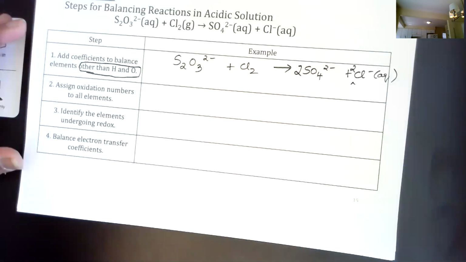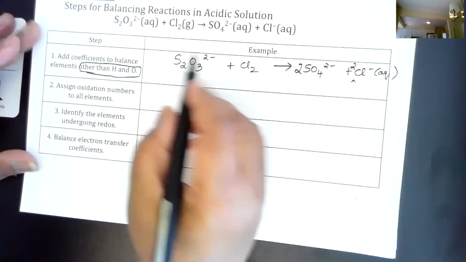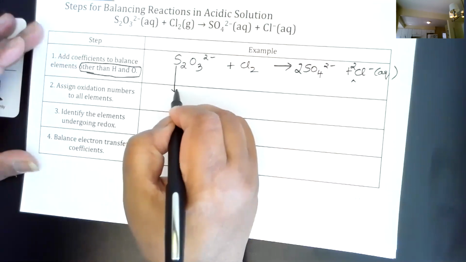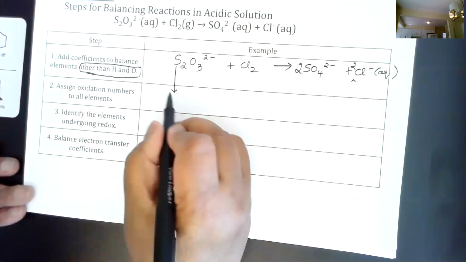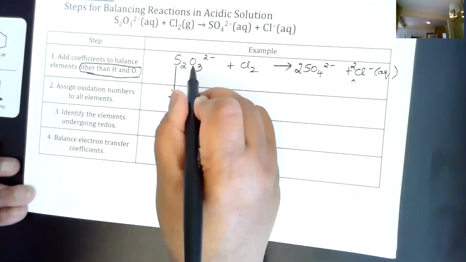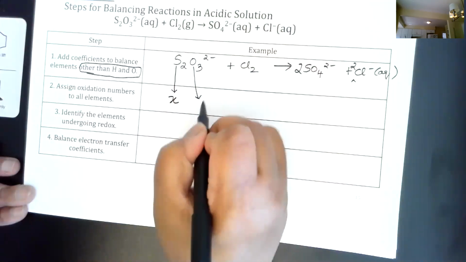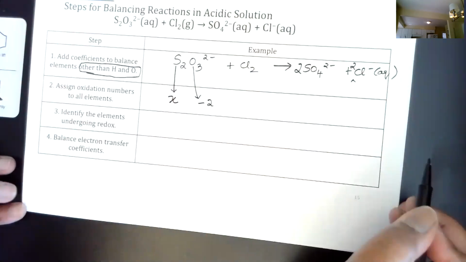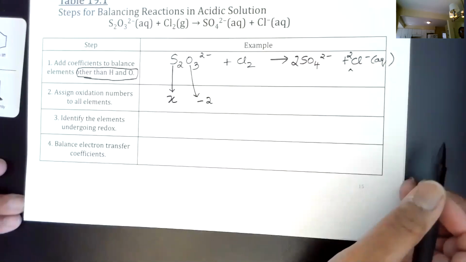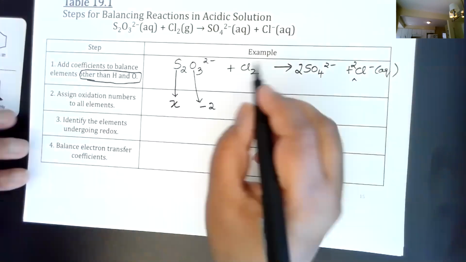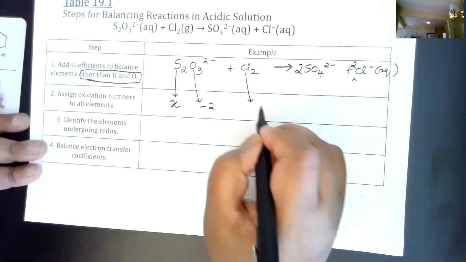Now assign oxidation numbers to all the elements. Sulfur, we have to find out what that is. Oxygen is -2. What is Cl in Cl2? 0.